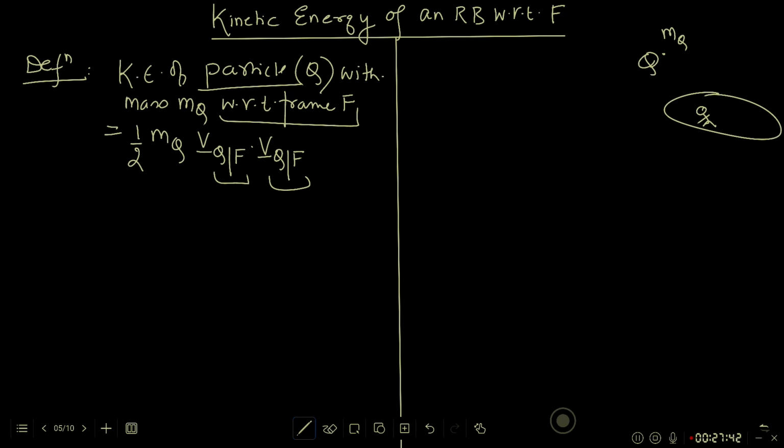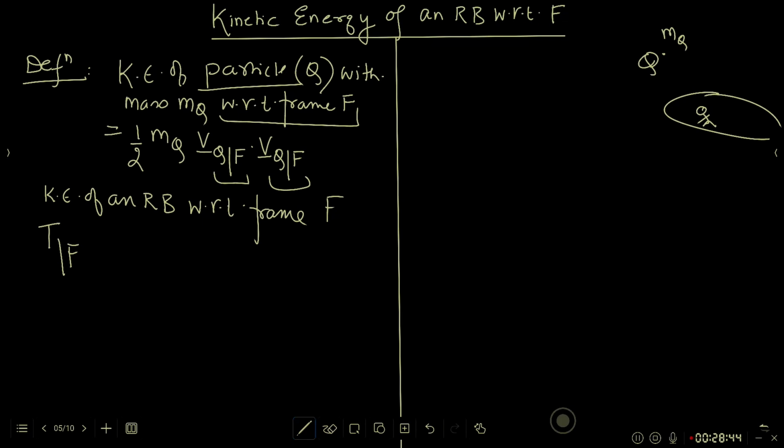So this is about a particle. My focus is the kinetic energy of an RB, a rigid body, with respect to frame F. I am going to use the symbol T bar F. T symbolizes kinetic energy, and F symbolizes the frame with respect to which it is defined.